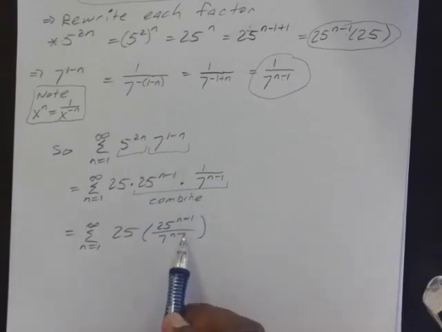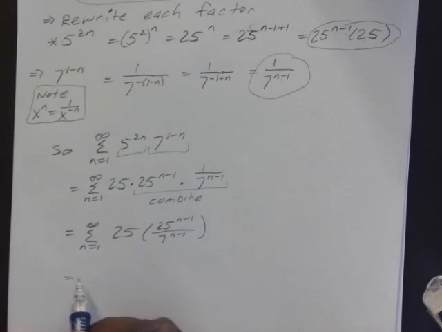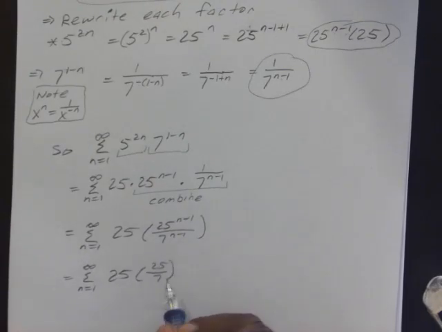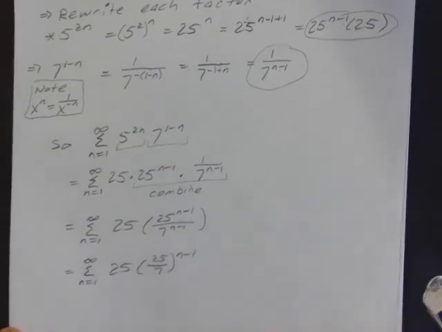Since they're both raised to the power of n minus 1, we can rewrite that one last time as 25 times 25 over 7 to the power of n minus 1.